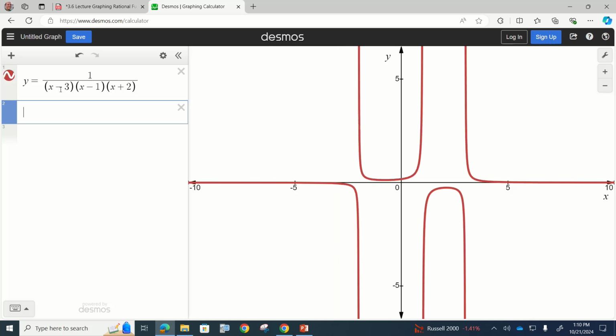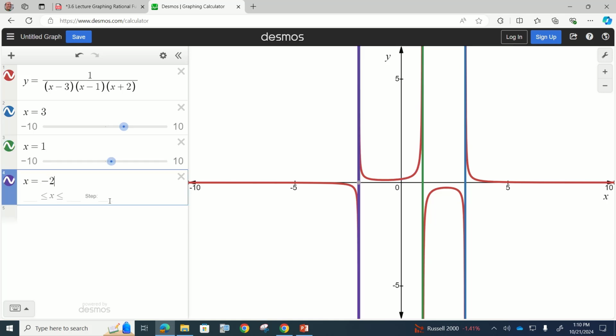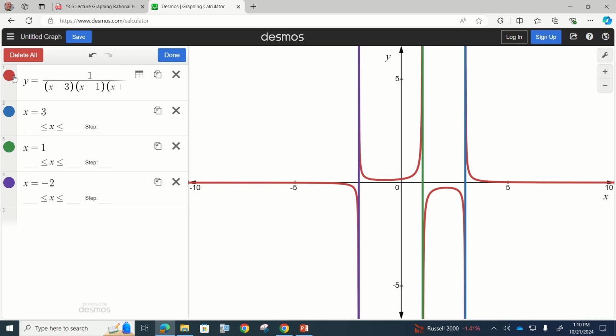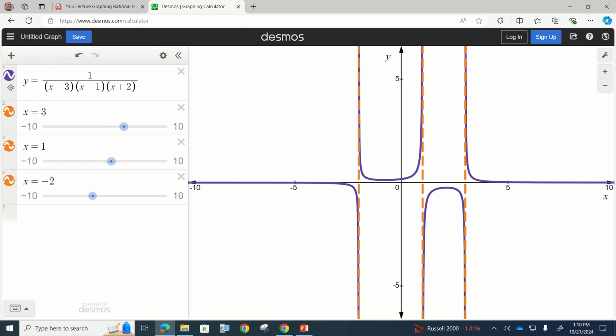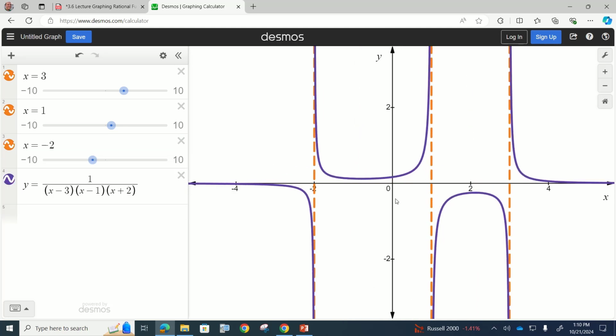Then what I say is every root in the denominator, like x equals positive 3, x equals positive 1 and x equals negative 2, those roots in the denominator lead to these spiky vertical parts of the graph that we call poles. Are they also called asymptotes? Yeah. So some textbook authors might call this a vertical asymptote, depending on the book you're reading.